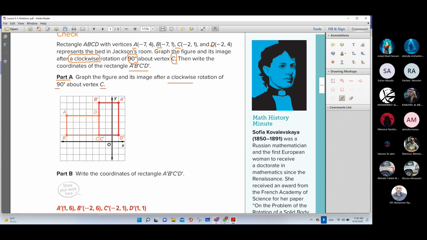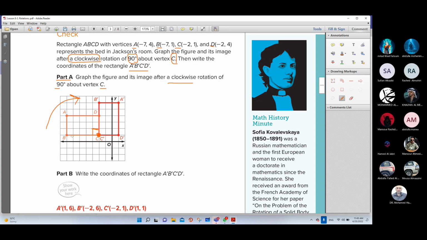So part A: graph the figure and its image after a clockwise rotation of 90 degrees about the vertex C. As you see, we have the pre-image, this rectangle ABCD. We want to do rotation for this figure, but where is the center? The center is C. Clockwise means from left to right. Use the protractor, determine the angle 90 degrees.